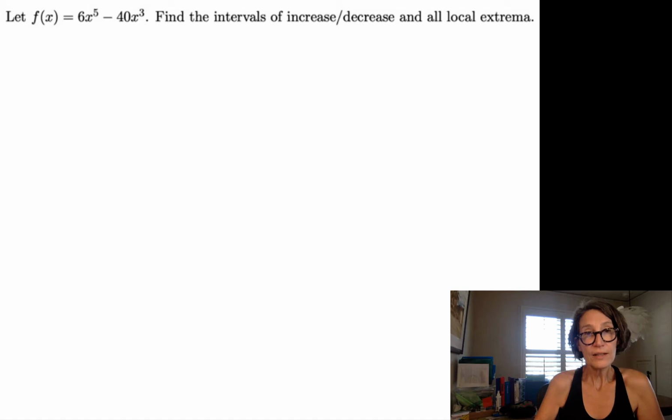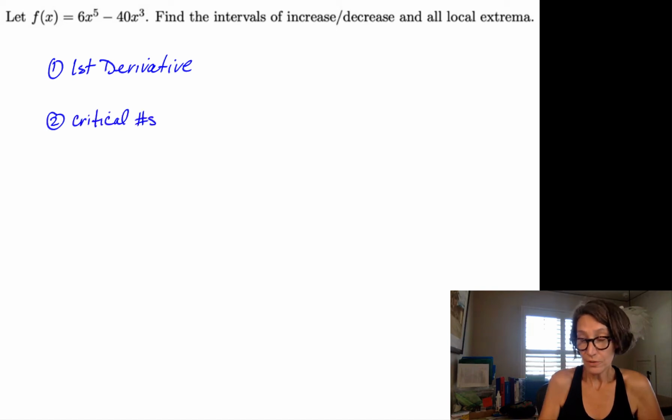Let f of x be the function 6x to the fifth minus 4x to the third. We're going to find all the intervals of increase and decrease and all the local extrema. The first thing we have to do is find the first derivative, f prime of x. Then we're going to use that to find all the critical numbers.